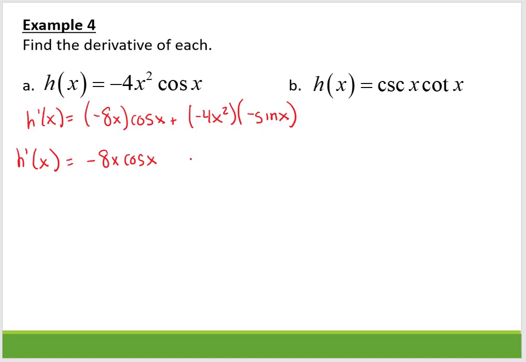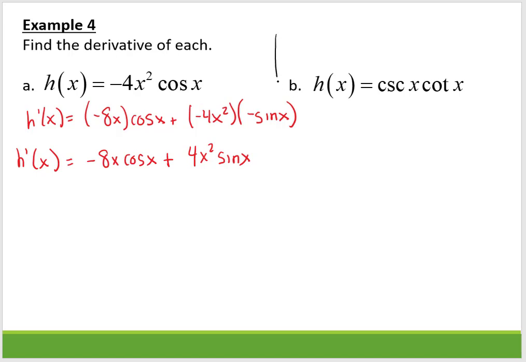Those negatives cancel, so I just end up with a 4. I forgot my plus sign. Plus a 4x squared sine x. And you could, if you wanted to, factor out a 2x, or even a negative 2x, but I'm okay with you guys leaving it like that.